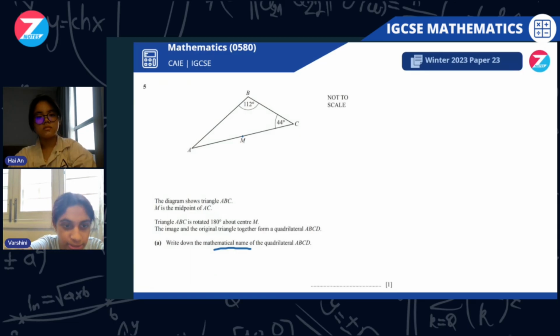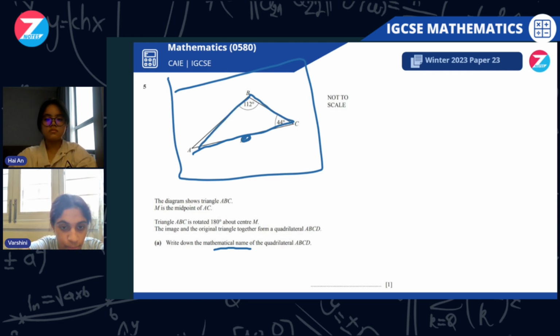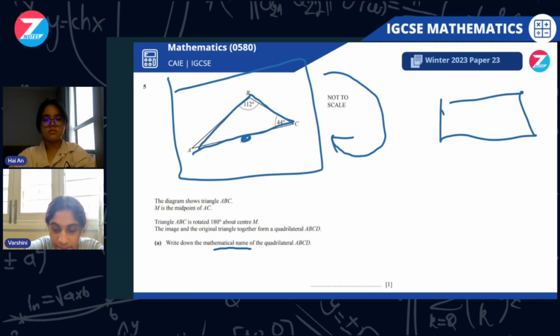You should get tracing paper in the exam. So if your tracing paper looks like this, you draw the triangle on your tracing paper, and you put your pen at the midpoint where we want to rotate it about. Then you rotate your tracing paper 180 degrees, until the tracing paper looks like this, which is the same way but upside down.